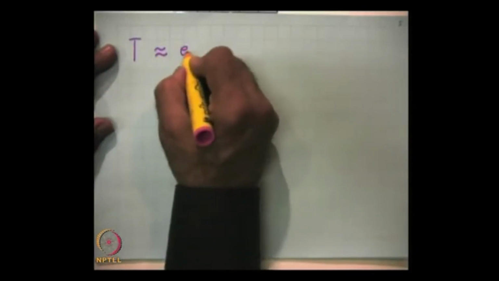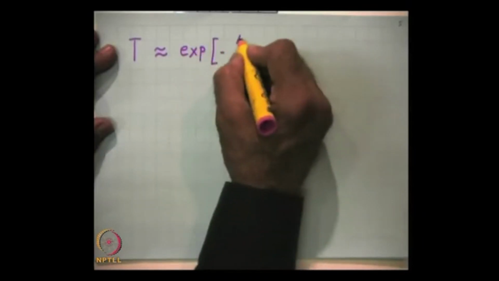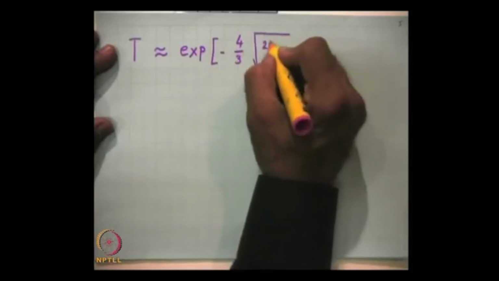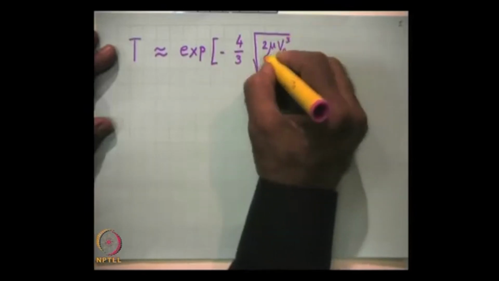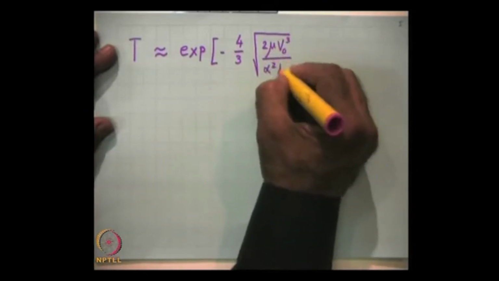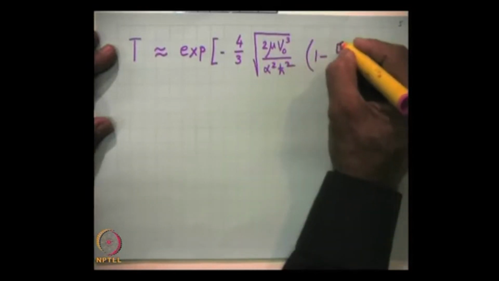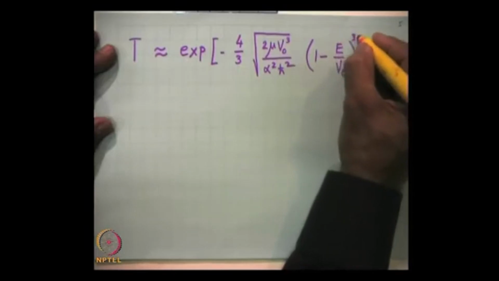Let me write it down again, so that you can write it down. T approximately, in the JWKB approximation, is exponential minus 4 by 3 under the root 2 mu V 0 cubed divided by alpha squared h cross squared, times 1 minus E by V 0 raised to the power of 3 by 2.